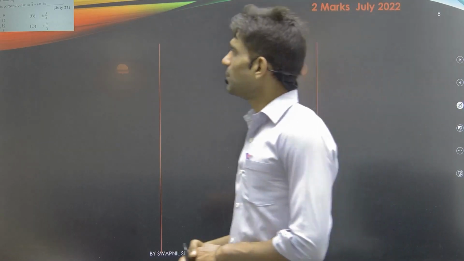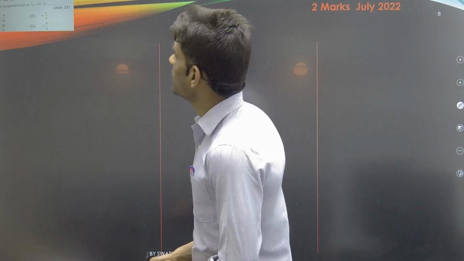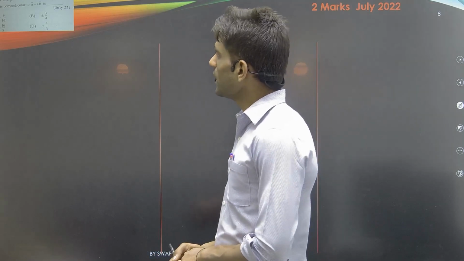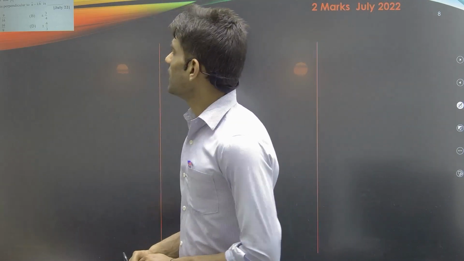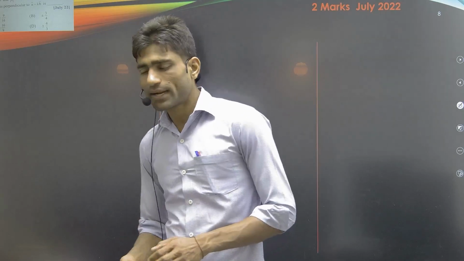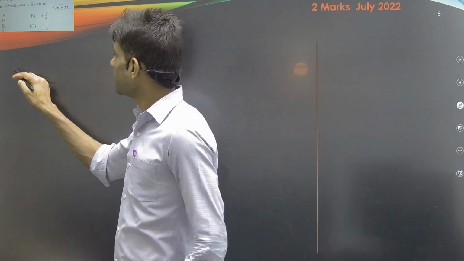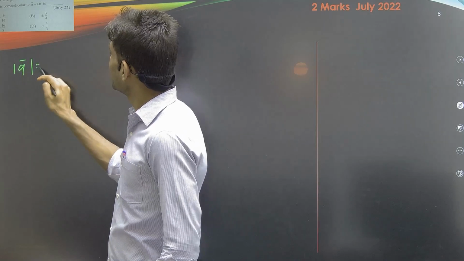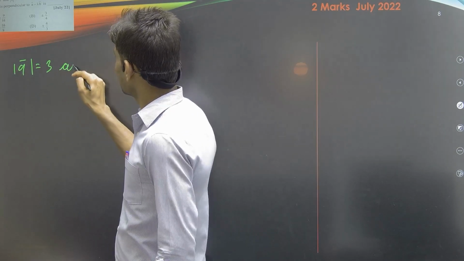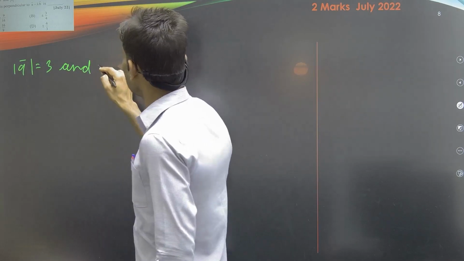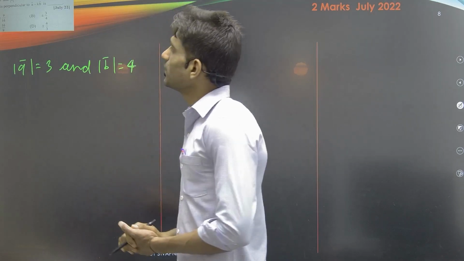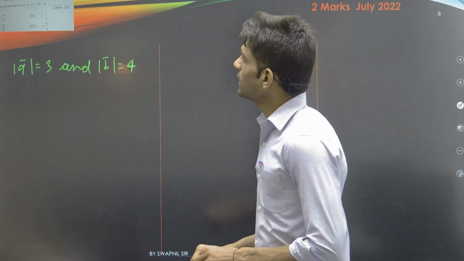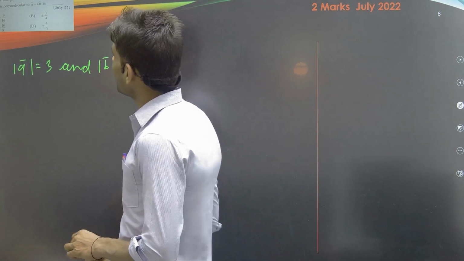In our next example, we are given modulus of a bar is 3 and modulus of b bar is 4.